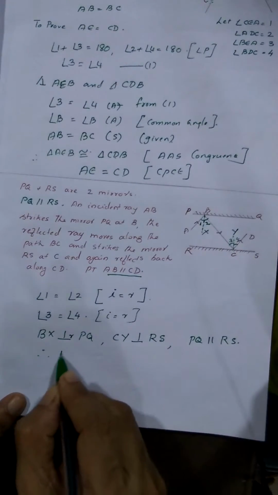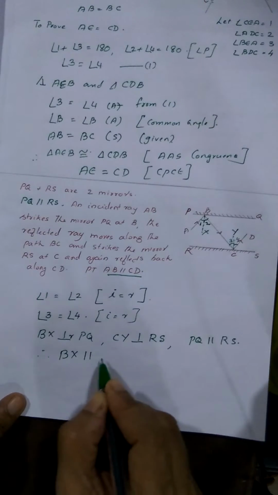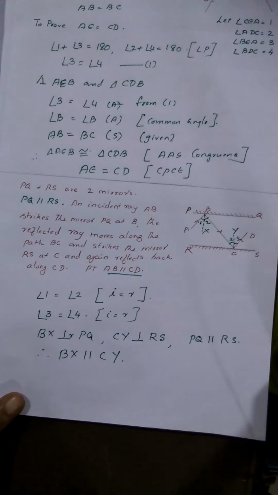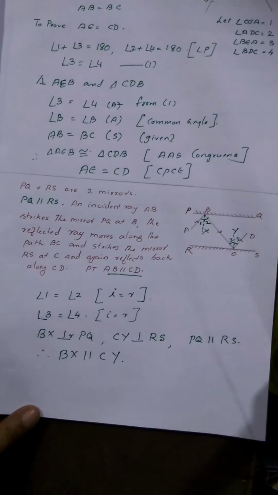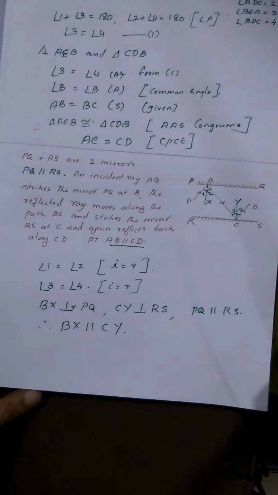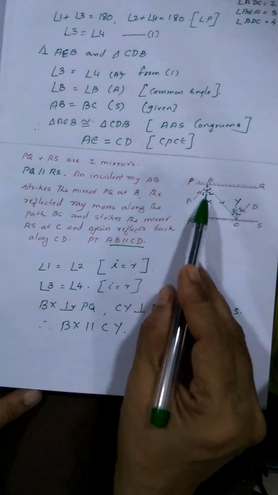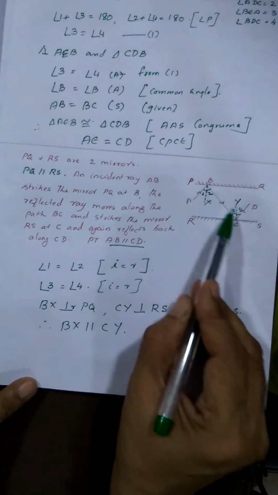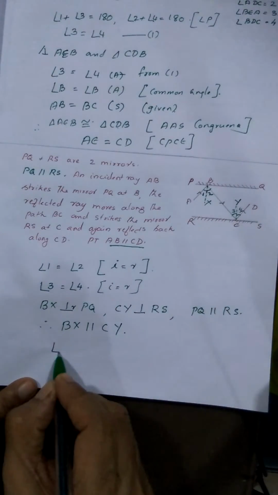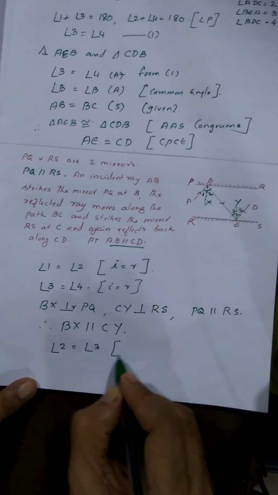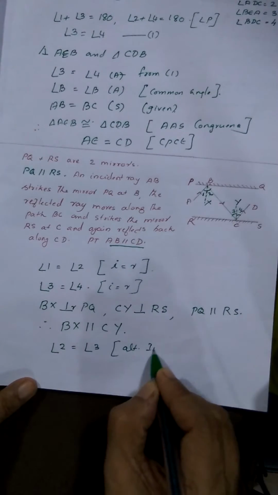Therefore, BX is parallel to CY. So, since BX is parallel to CY, we can say angle 2 is equal to angle 3. Angle 2 is equal to angle 3, alternate interior angles.